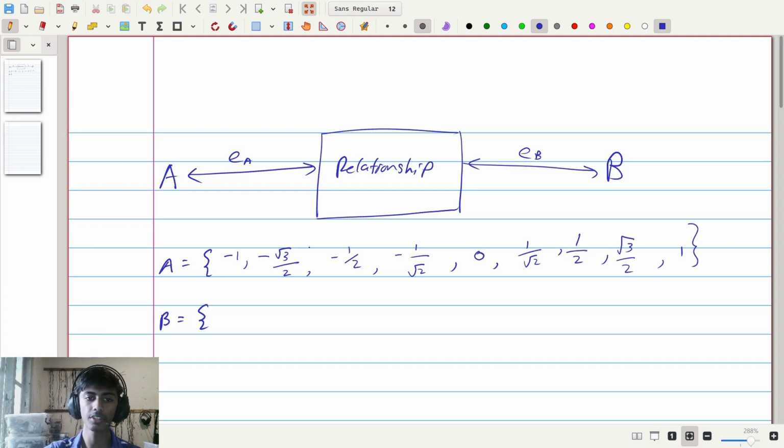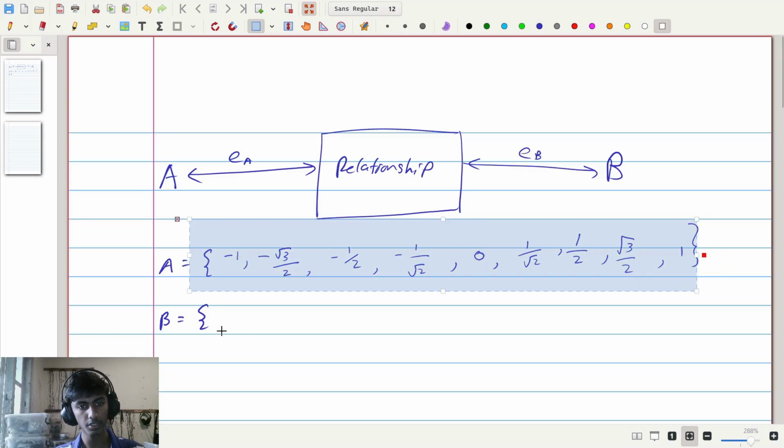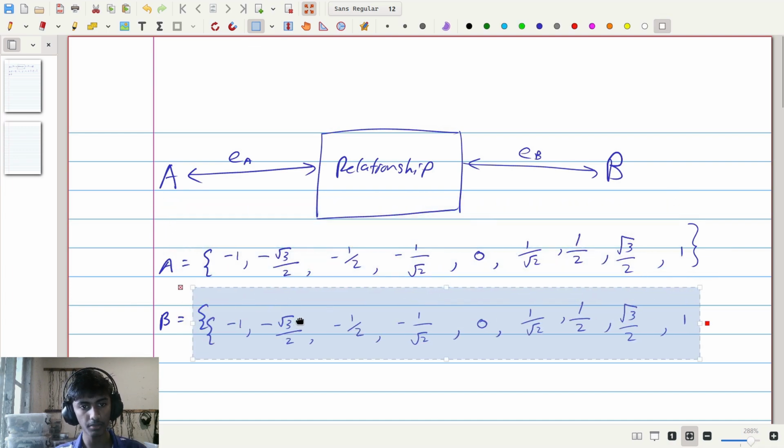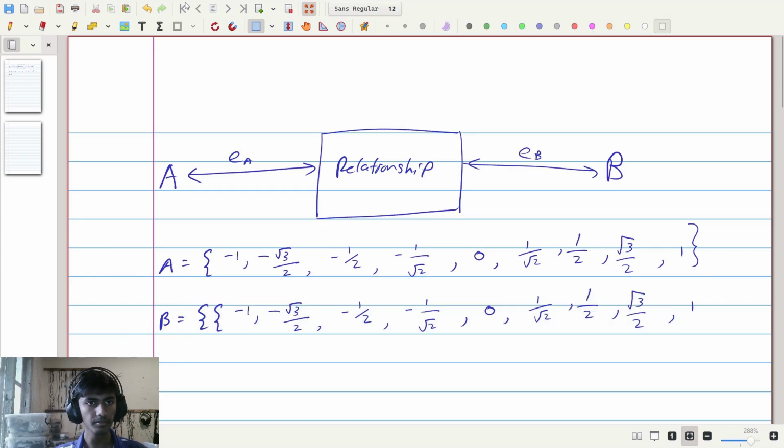So now considering this set, let B be the exact same set. I'm going to copy this and paste the exact same thing into here, and say that B is the exact same set as A. So we have a bunch of values in B, a bunch of values in A, and suppose I tell you that the relationship between these two is that an element of A squared plus an element of B squared is 1.